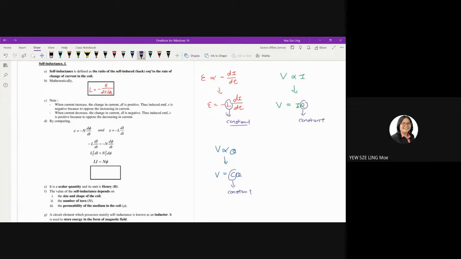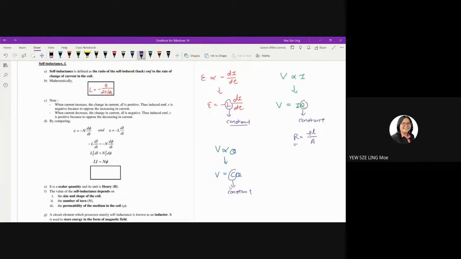All three components have fixed values unless you change the physical structure of the component. For R, if you remember from chapter 3, R equals rho L over A. Either you change the length, the cross-sectional area or the material of the wire, then you change R. Otherwise, it is a constant value.